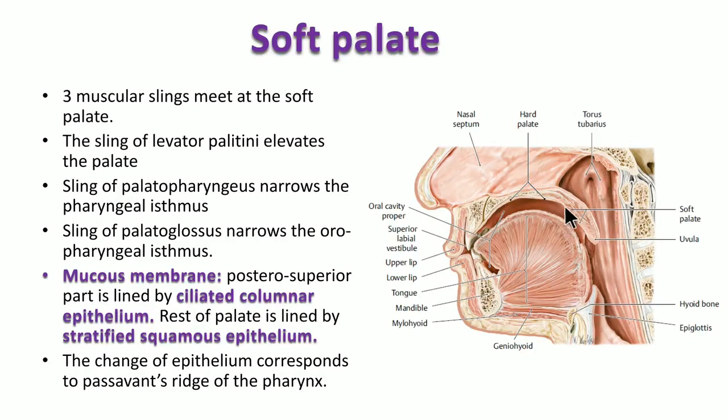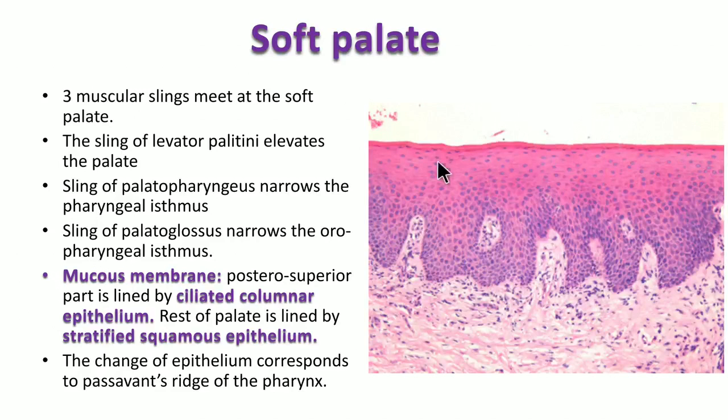So the whole of the anterior surface is covered by stratified squamous non-keratinized epithelium, and also part of the posterior surface. Only the upper part of the posterior surface will be lined by ciliated columnar epithelium. This is how stratified squamous non-keratinized epithelium looks. In the superior part you have squamous, flat cells.